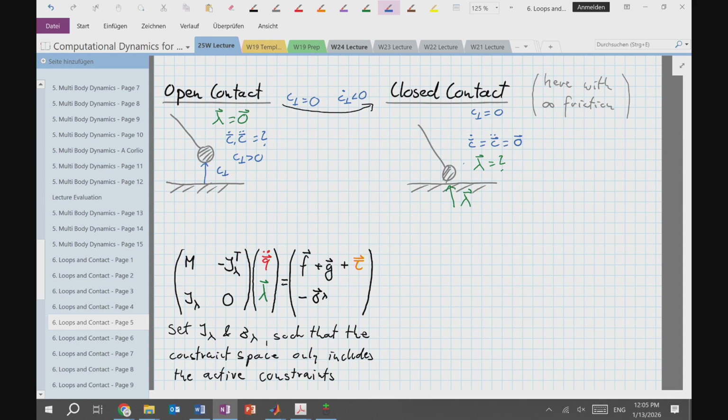Here we say I really want to move into the ground, so the distance becomes 0 and my velocity is negative, so I'm still moving into the ground. If I would not do anything, my foot would now move through the ground, right? And this is what we want to avoid. So at this point, if that happens, we go from open contact to closed contact.